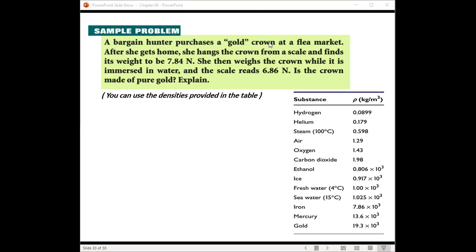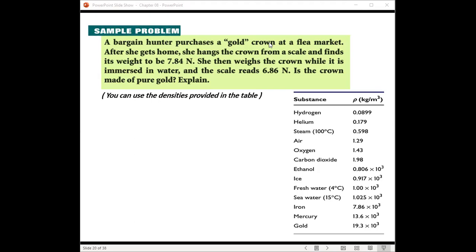As we agreed together, by the way, this problem represents a story which is approximately similar to the story of Archimedes, if you remember. So this bargain hunter found a gold crown in a flea market, as you know.